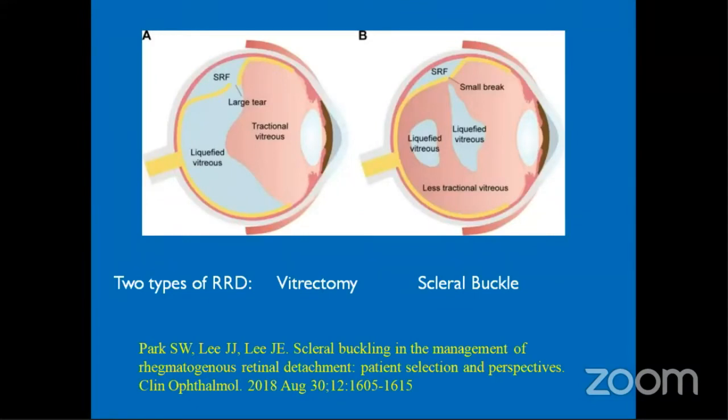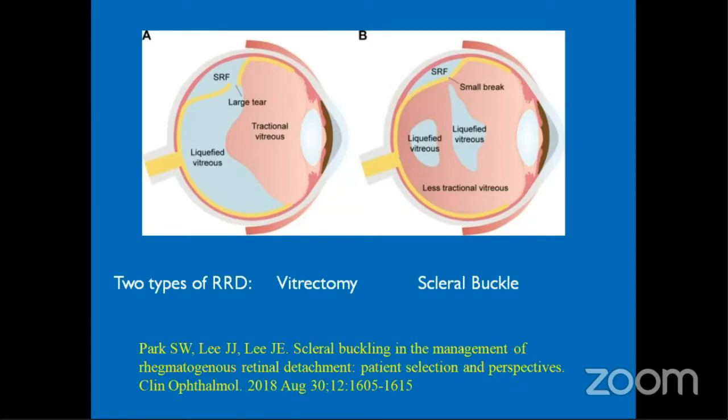Now, in terms of rhegmatogenous retinal detachment, I would request you all to understand the two types of retinal detachment that are seen. One with a tear, a horseshoe tear, where the vitreous is still attached to the break margin, and usually these breaks enlarge and the detachment progresses faster.